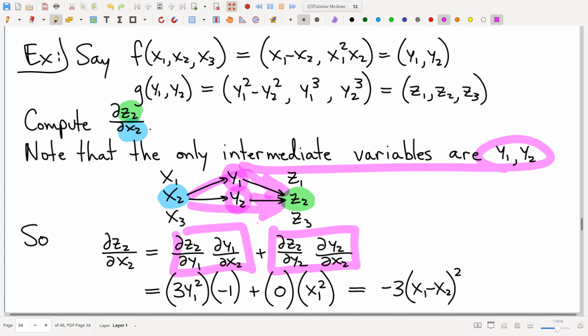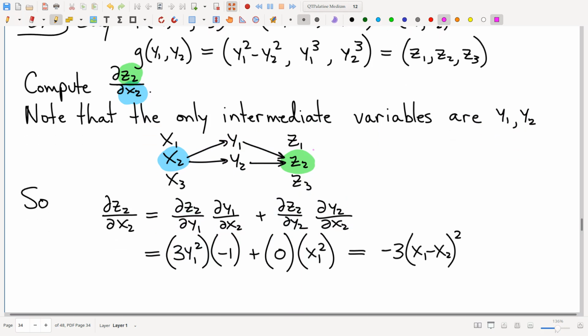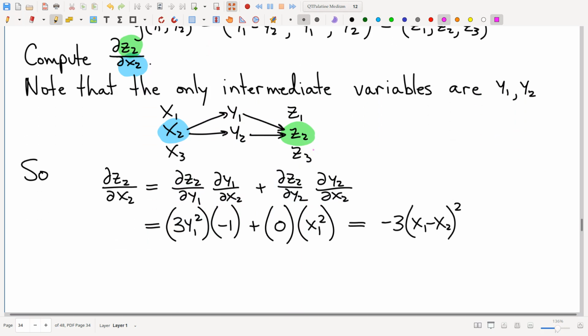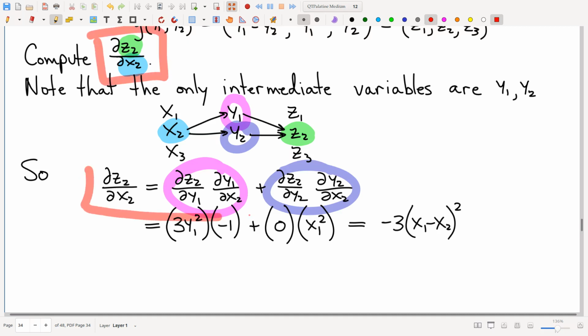I don't have to know the formula from above at all, just understand the idea of paths corresponding to intermediate variables corresponding to terms. That gives this, and therefore this partial derivative computed from this chain rule. Everybody good?